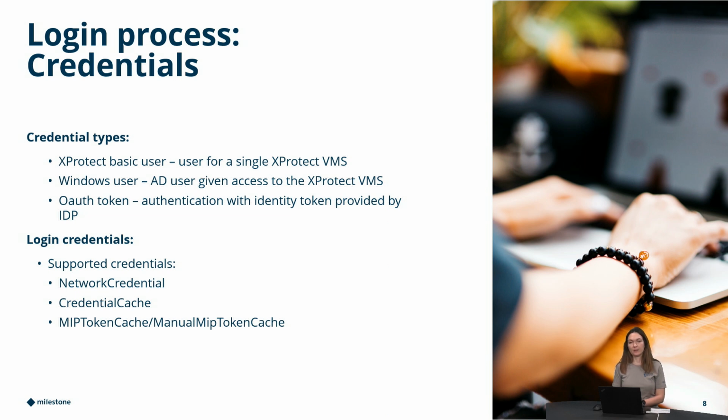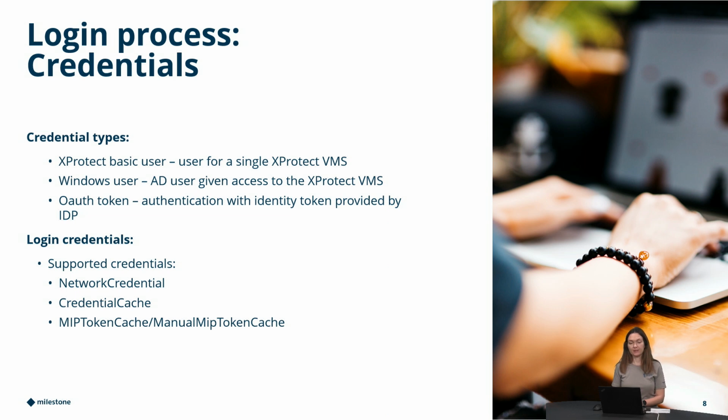We have basic user, Windows user, as well as OAuth token support. And it can be an OAuth token from the identity provider which comes with the XProtect, but it can also be a third-party identity provider like Okta, for example.